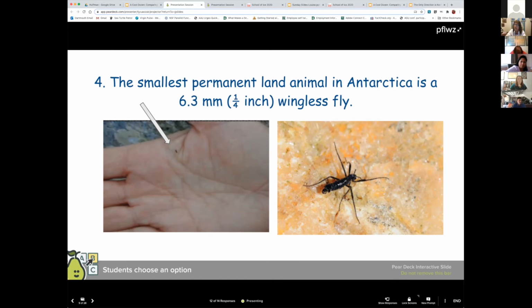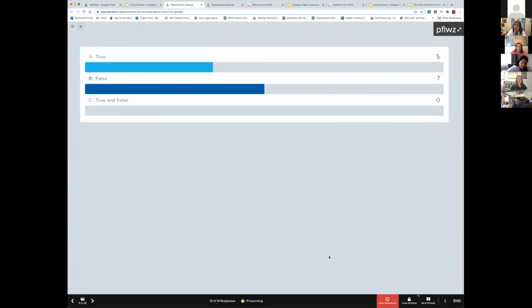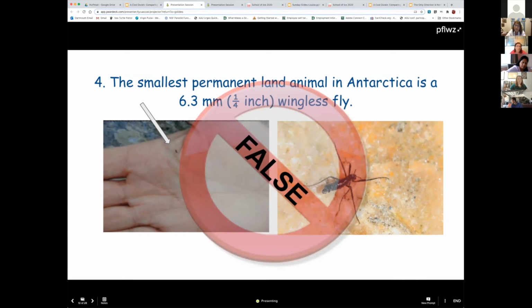Couple more responses. So some of you said true, a few more of you said false. This is a tricky one. It's false because it's actually the largest permanent land animal that is the wingless fly.